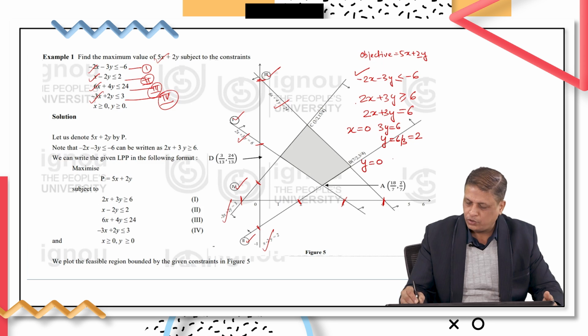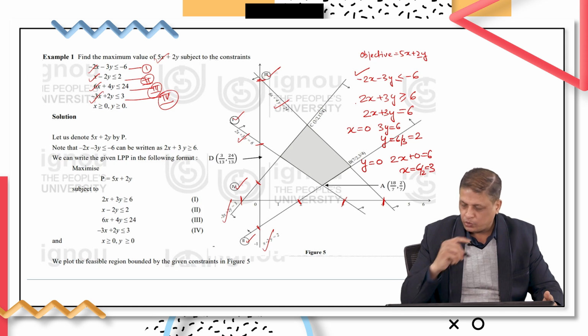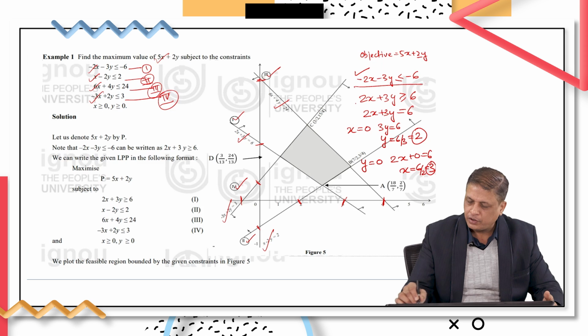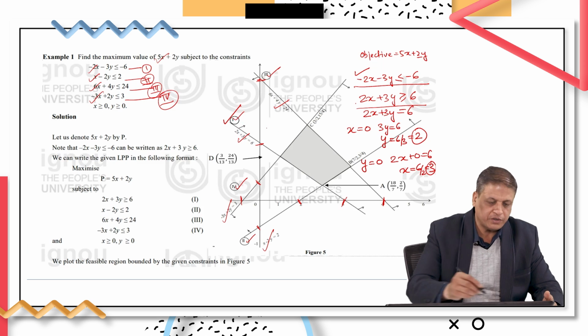Substituting y equal to 0, you get 2x equal to 6, that is x equal to 6 by 2, that is 3. So, the y intercept is 2 and the x intercept is 3 for the equation 2x plus 3y greater than or equal to 6. Now, 2x plus 3y, this is our first equation.